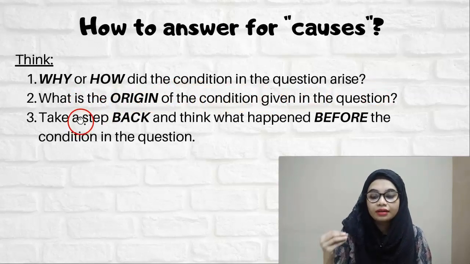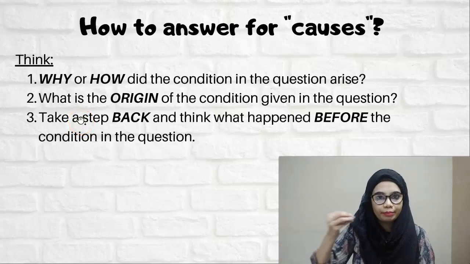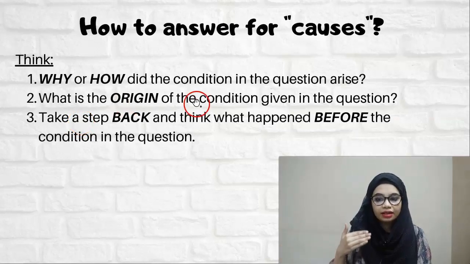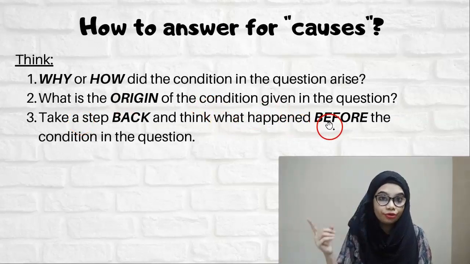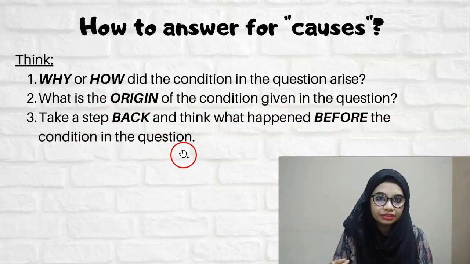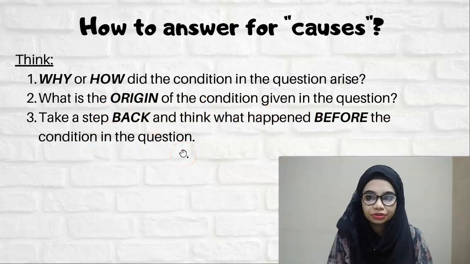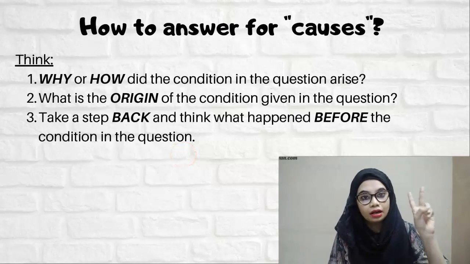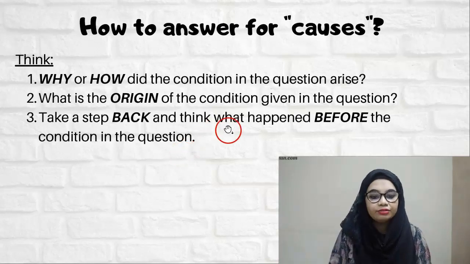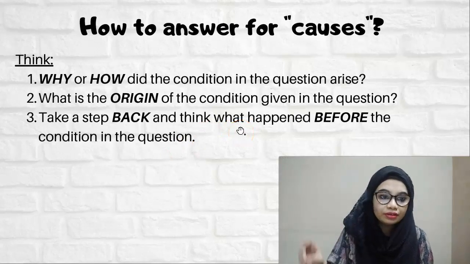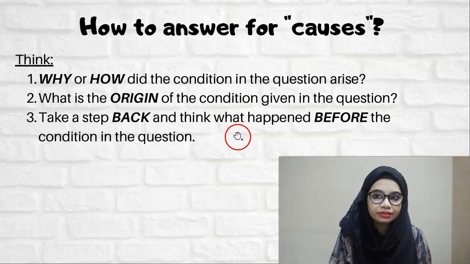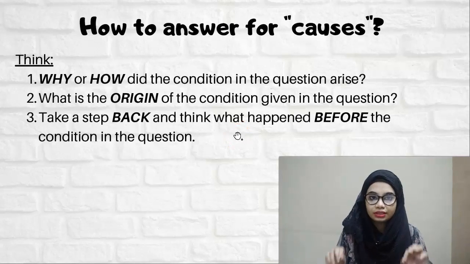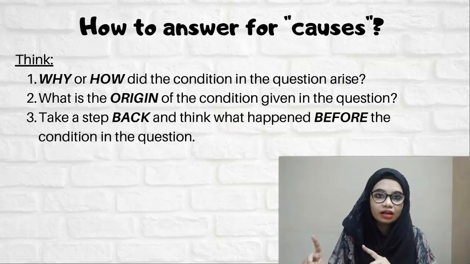And then finally take a step back and think what happened before the condition in the question. So these are the key words that you should remember: why, how, origin, step back, and what happened before the condition in the question. This is how you answer for causes. Remember the keywords, remember the color coding.